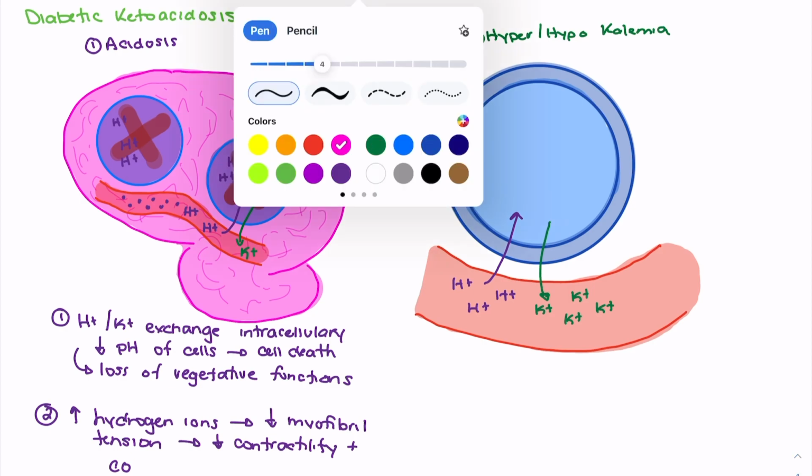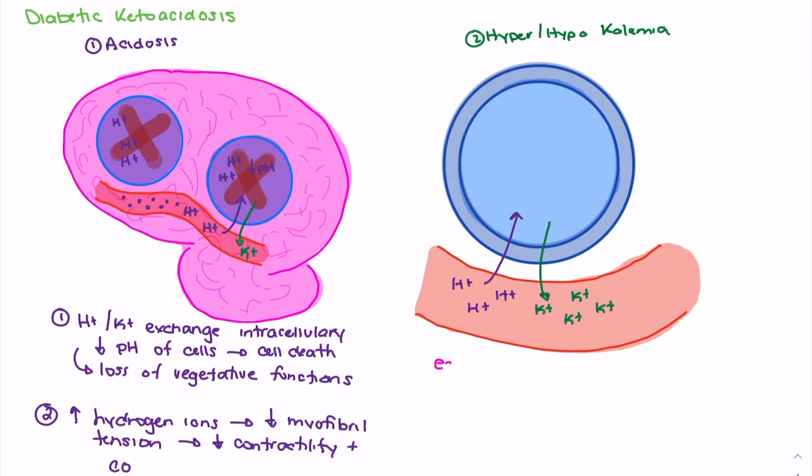So in the early stages of acidosis, we get a hydrogen ion and potassium ion exchange, which will lead to an increased concentration of potassium ions in the blood.